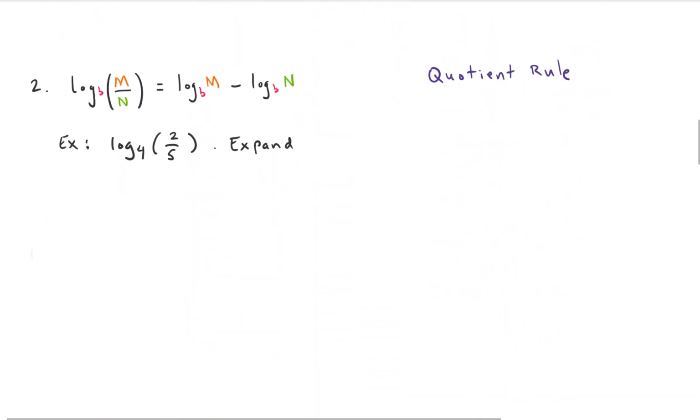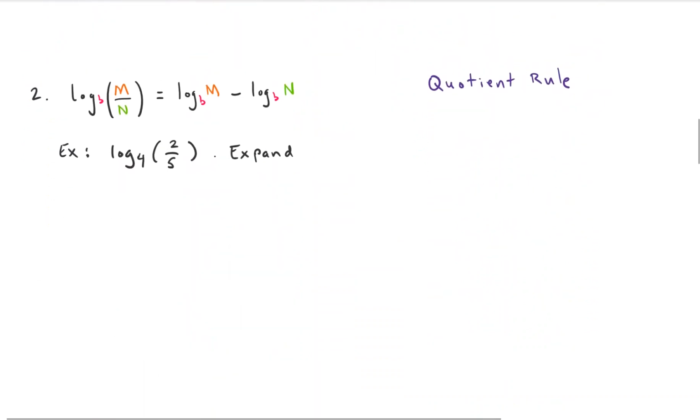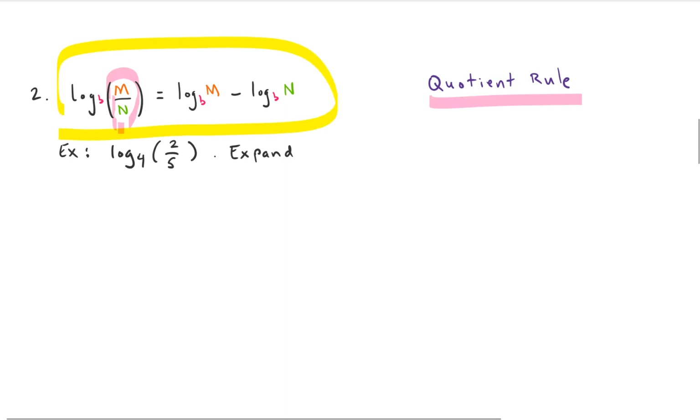Let's move on to another example then. How about this one? It's called the quotient rule because inside the log here we have something divided by something else, which is a quotient. So the way that we're going to use this rule here in yellow is we can expand this or change a more complex logarithm into two simpler logarithms.